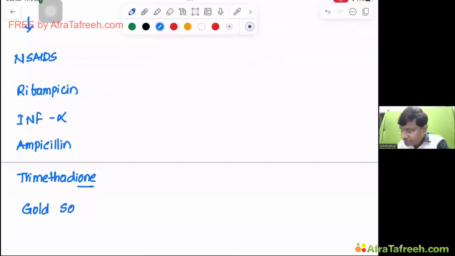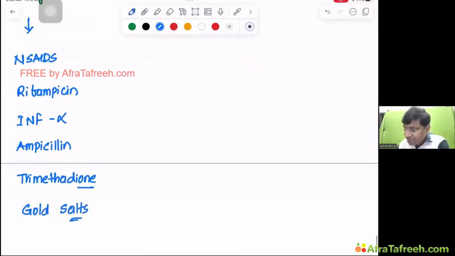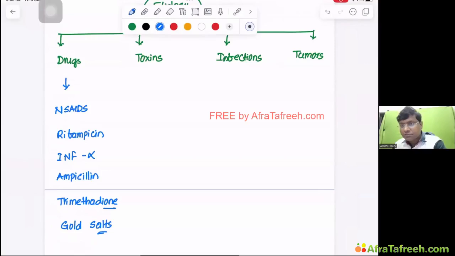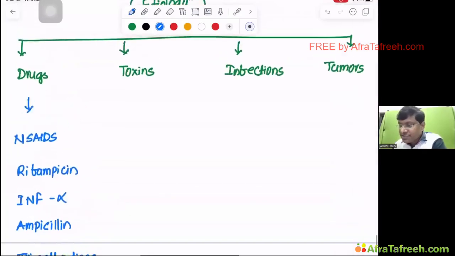Then gold salts. Please tell me where we were using gold salts previously. Very good, Jacob. They were being used in the treatment of rheumatoid arthritis previously. But presently in rheumatoid arthritis, what is the drug of choice?